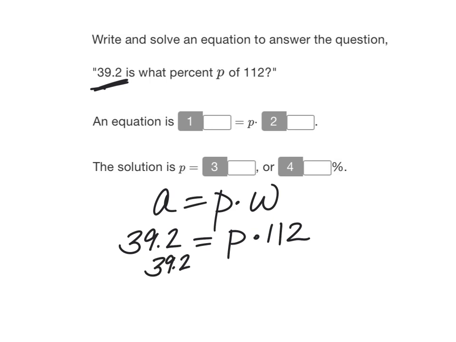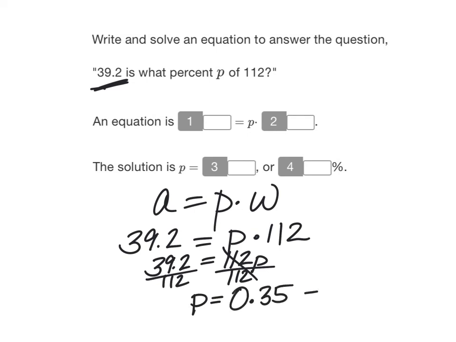Oftentimes I like to write this in algebraic form, so 112p equals 39 2/10. I'm going to use the properties of equality, inverse operations, to divide both sides by 112 and solve for p. I get the decimal 35 hundredths, which means this would be 35%.